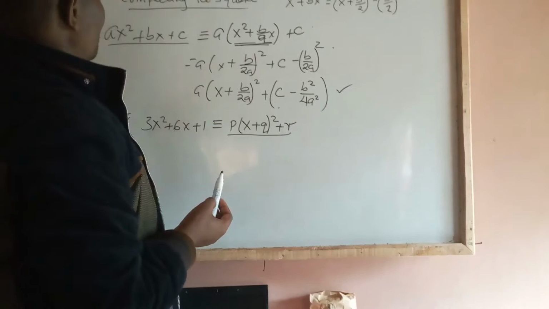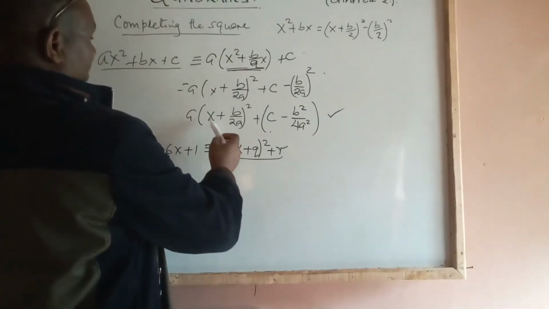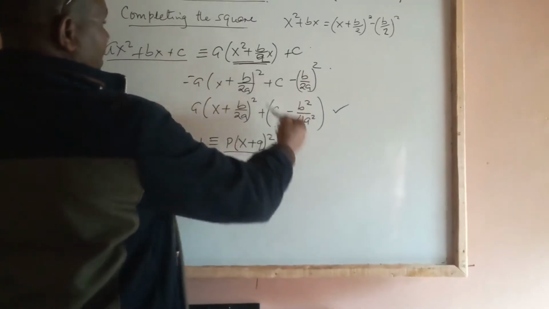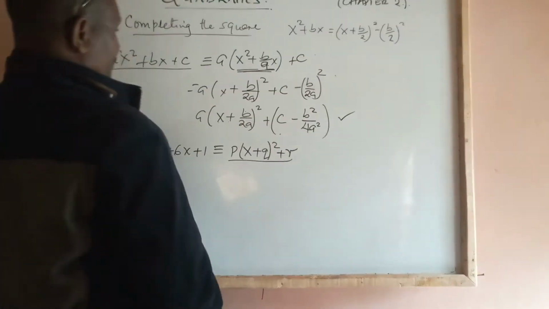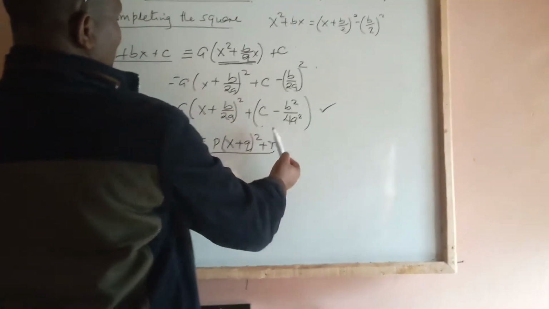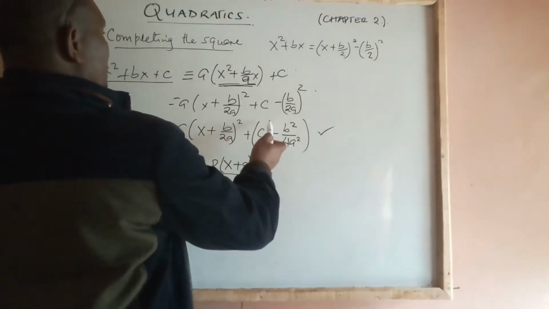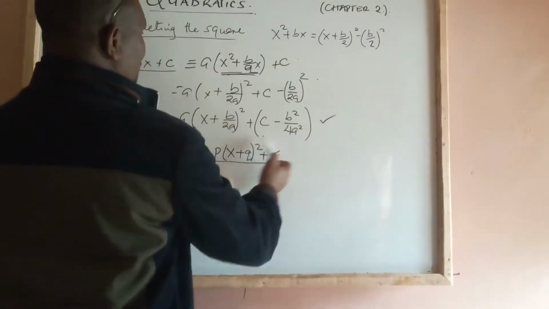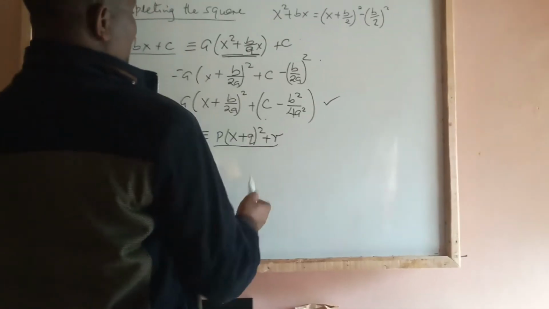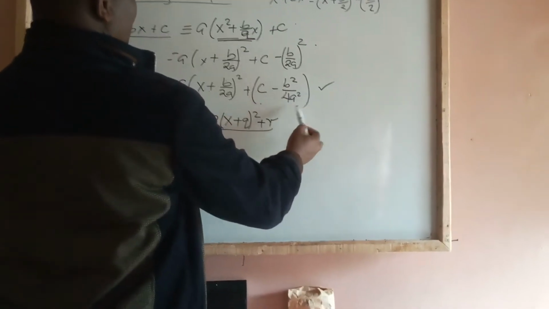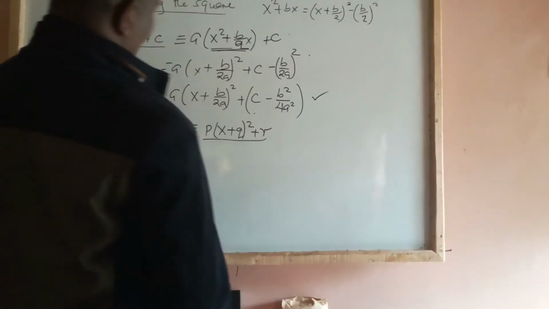So at the end of the day, you're going to have a, open bracket, x plus b over 2a squared plus, you realize that when you open this bracket, you're going to have b squared minus 4ac. So this becomes constant because they are not having anything to do with x, and therefore plus c minus b squared over 4a squared.